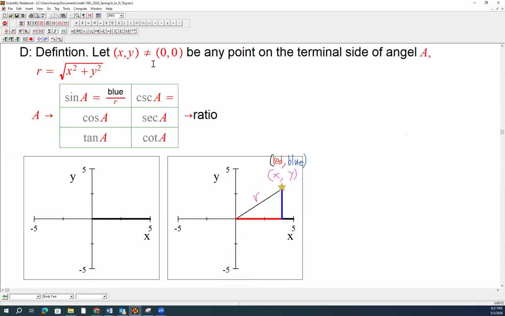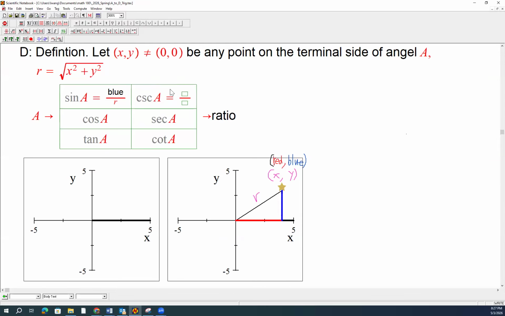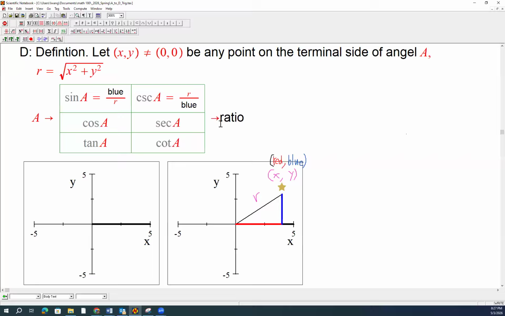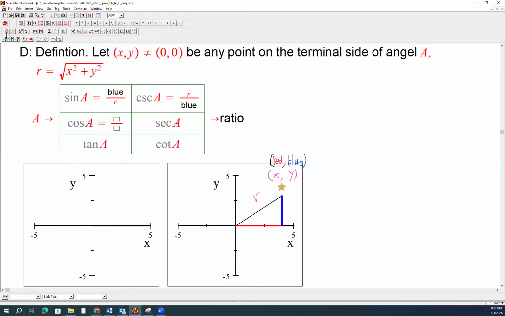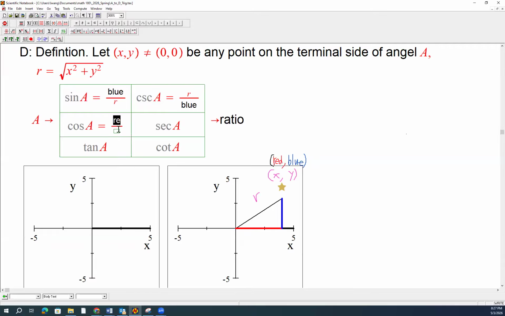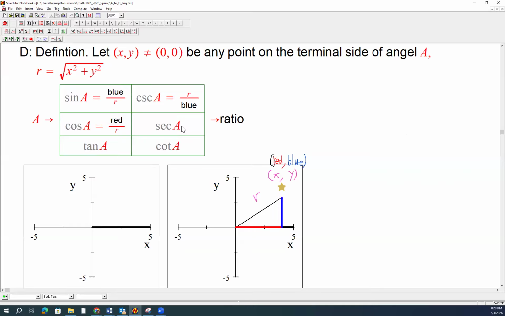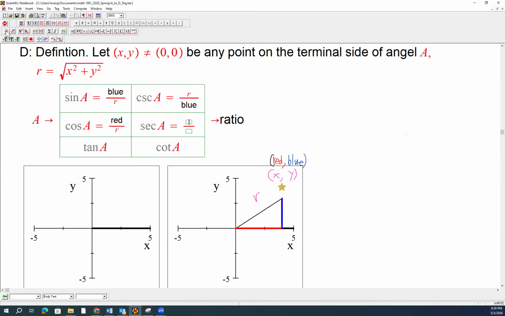Cosecant is the reciprocal of sine, so that equals R over blue. If you know sine, you know cosecant. They're just reciprocals of each other. Cosine is red over R, and secant is R over red.